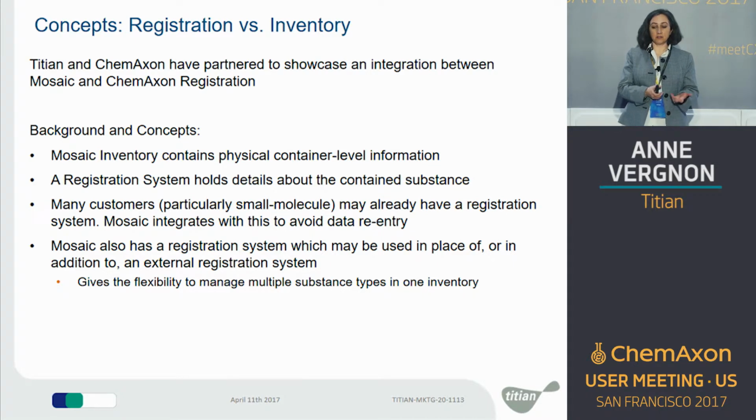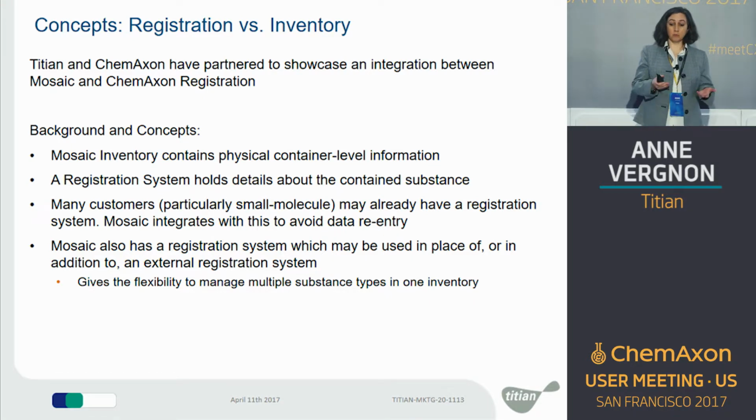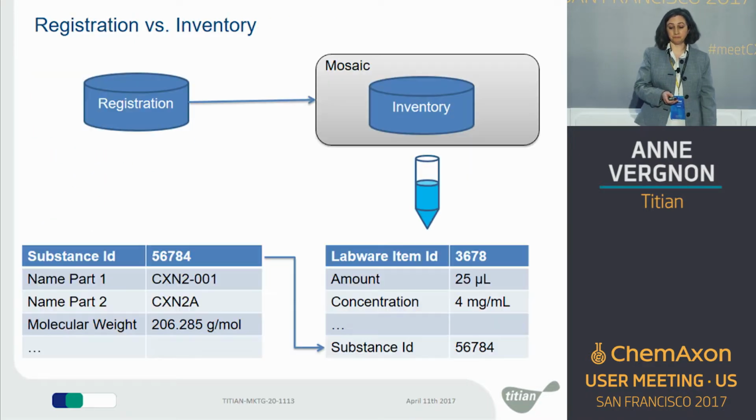Many customers may already have a registration system, perhaps only for small molecules, but they want to then track their inventory. We can integrate with the customer's registration system, or they can also use the Mosaic registration system, either instead or in addition, for additional flexibility.